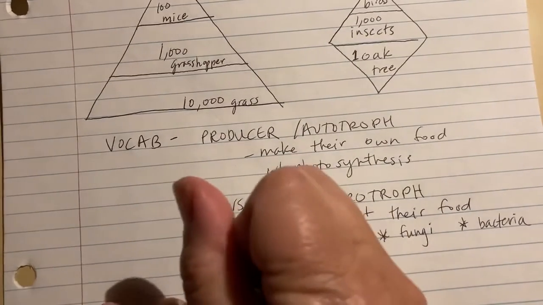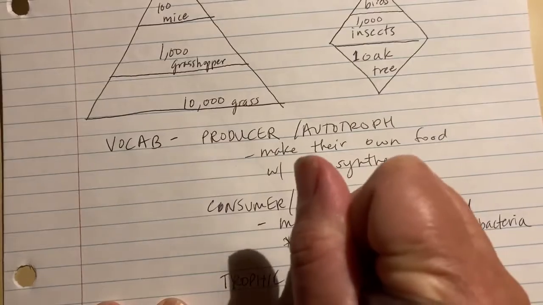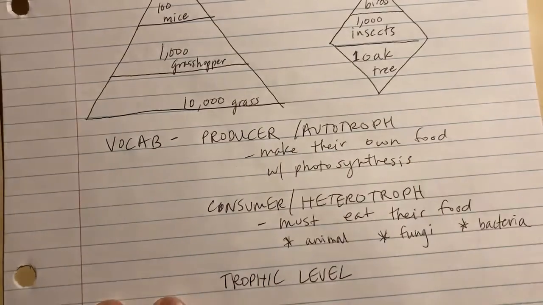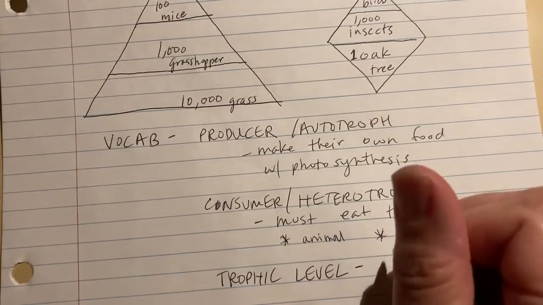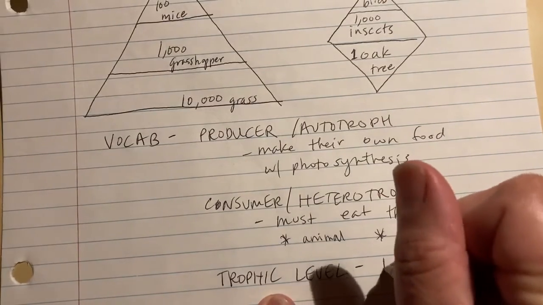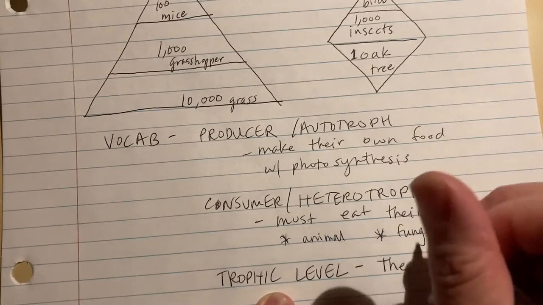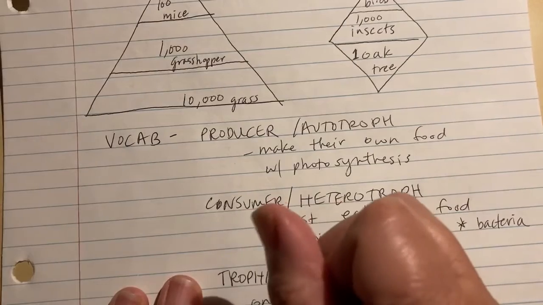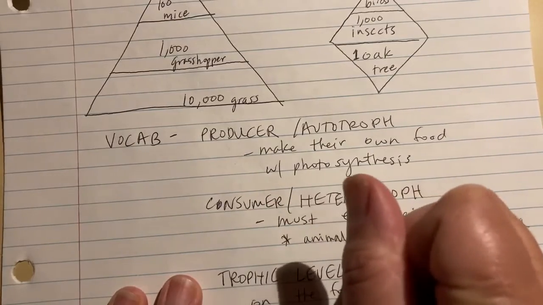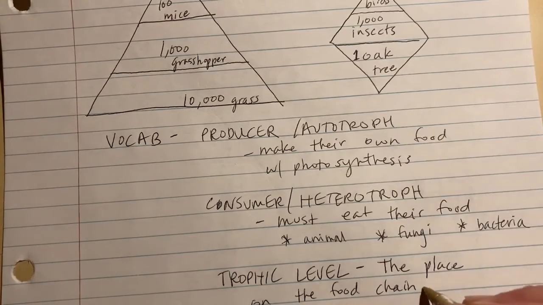The other piece of vocab that I want to make sure I explain, well, I think I've explained it already, but I want you to have it in your notebook, is the whole idea of a trophic level. So this is the place on the food chain, or in an ecological pyramid.